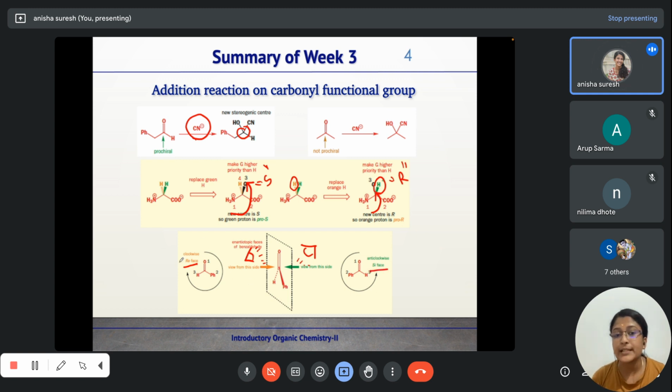If rotation is clockwise, it is Re face, and if it is anti-clockwise, it is called a Si face. So these are enantiotopic faces. So this is a prochiral molecule. So its faces, depending upon from where we are seeing it, are called Re face and Si face, depending upon the direction of this rotation. Re face and Si face is clear?